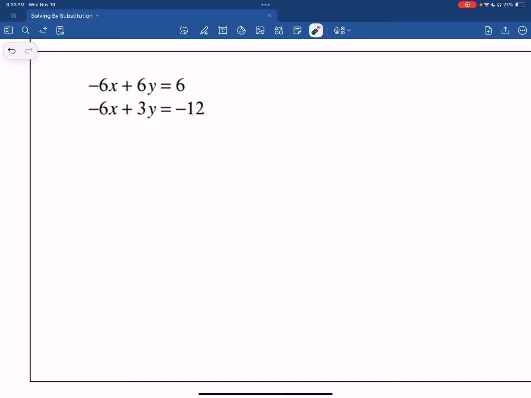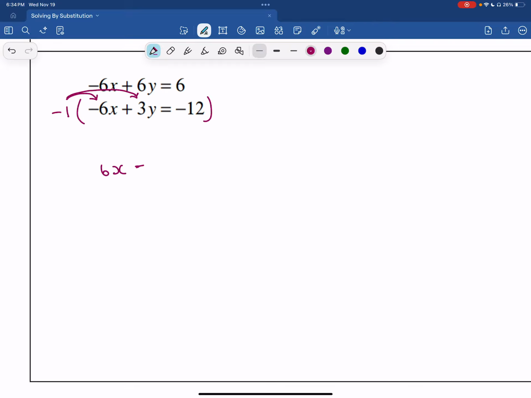So the step is still the same, right? We have two terms that have the same coefficient and variable, but they're not opposites. So to get them to be opposites, we're still going to multiply one of those equations by -1. And then let's distribute. -1 times -6x is +6x. -1 times 3y is -3y.